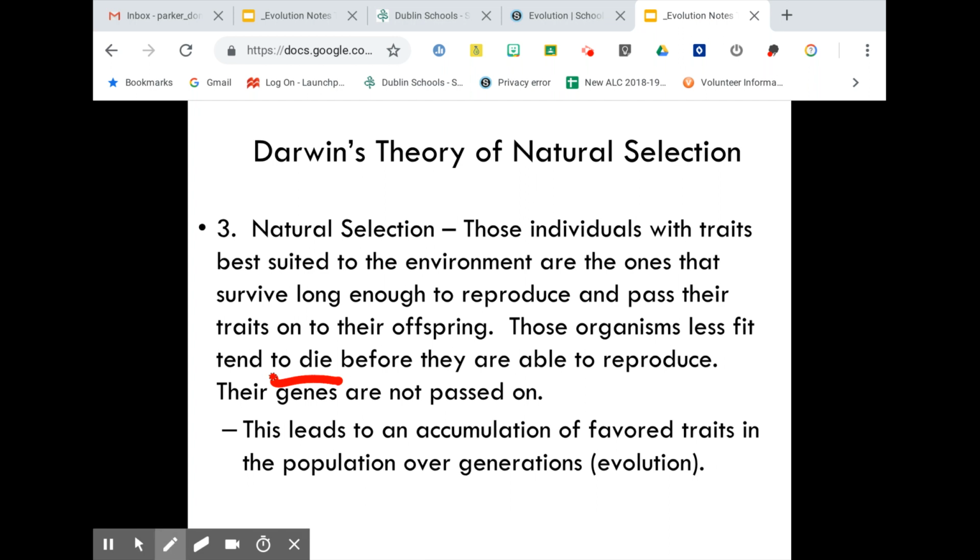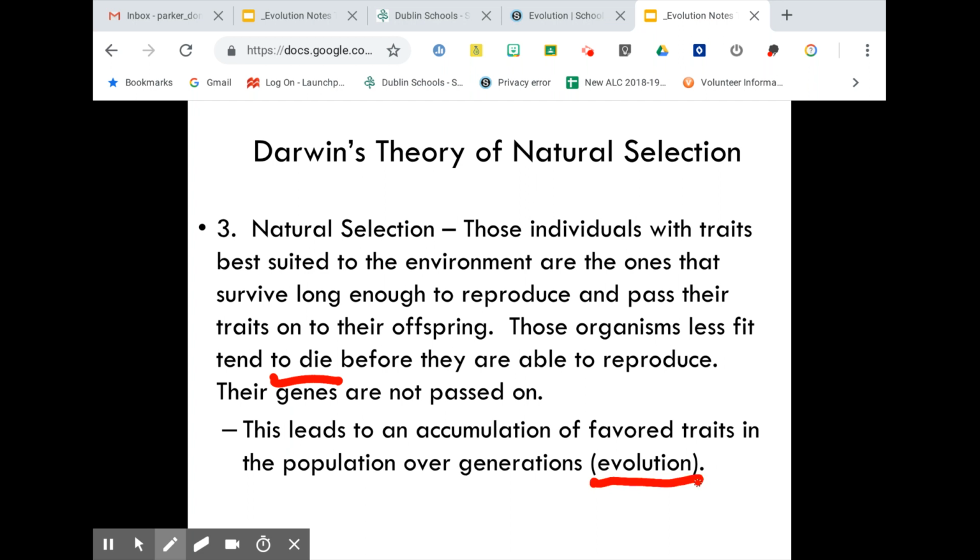So those genes that tend to not make you adaptable or fit to the environment don't get passed along. As a result, what you end up with is accumulating favorable traits in a population over time. And that's a little bit more of a scientific definition of evolution: accumulating favorable traits over time.